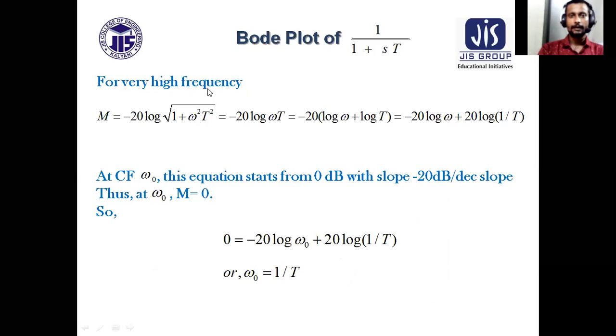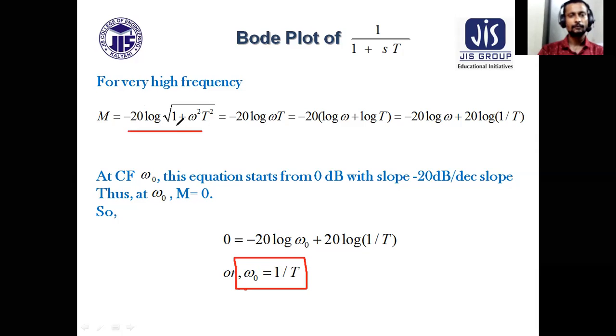Okay. Now let us derive the expression for corner frequency. The corner frequency omega naught equals 1 by T. Why? How can we derive this? See, magnitude M equals this.